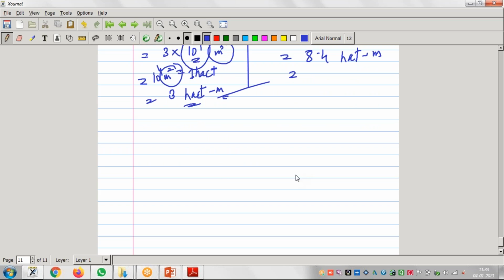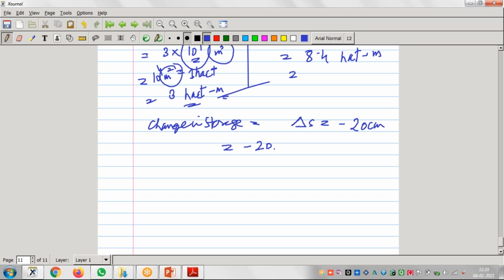Right. Now after that, we know the change in storage. Change in storage is delta S, and we have taken delta S as minus 20 centimeter. Again we will convert it into hectare meter.